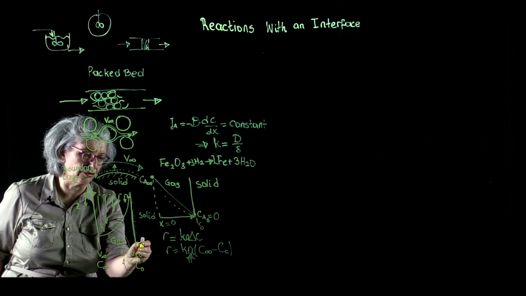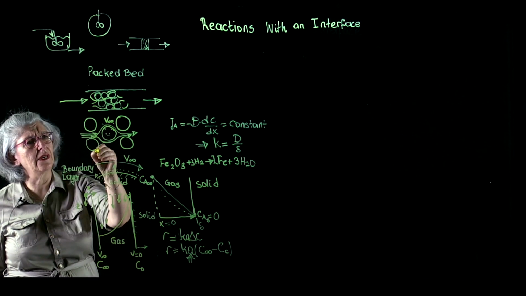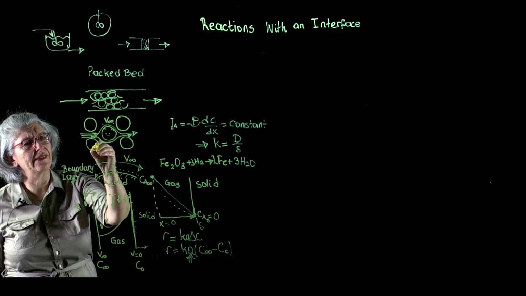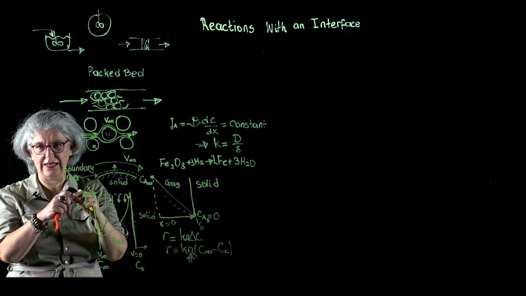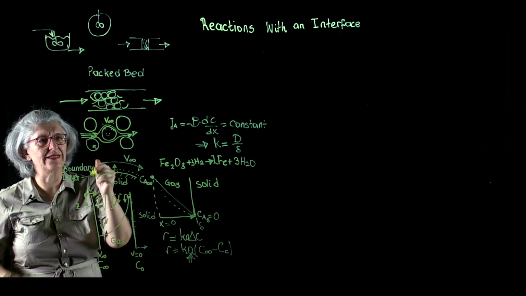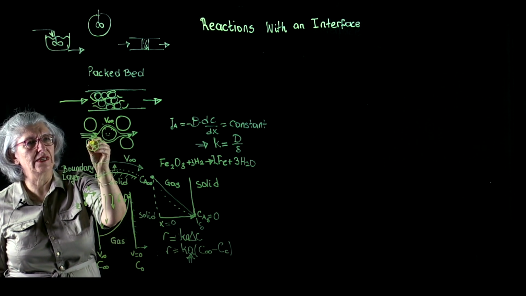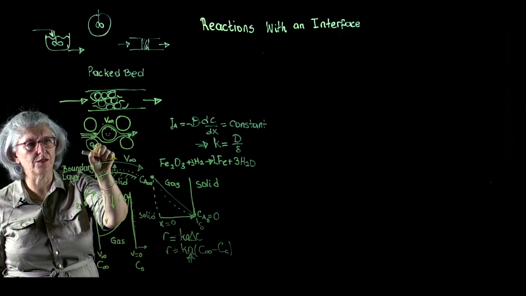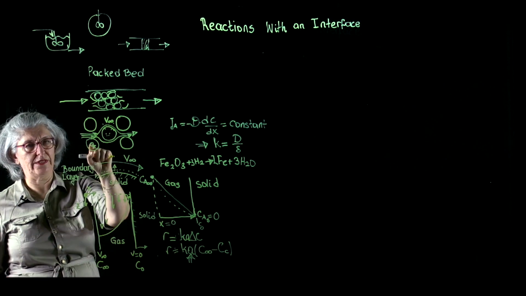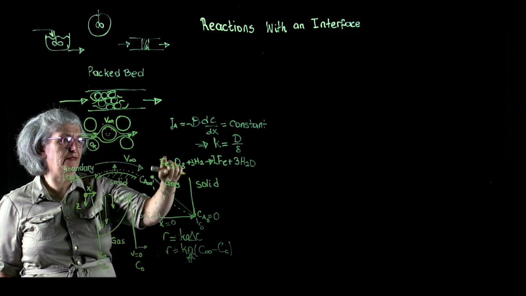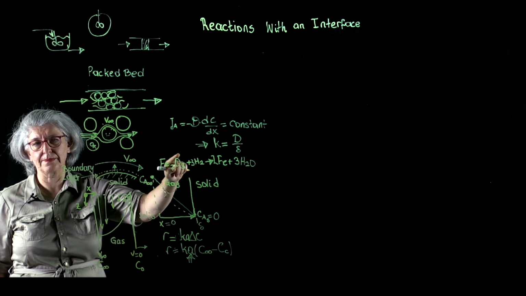This is going to go deeper and deeper into the bulk, or we're going to have a core that is shrinking. So the periphery of the core is reduced, but the core itself is oxide.